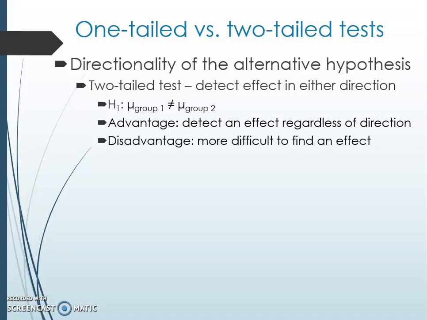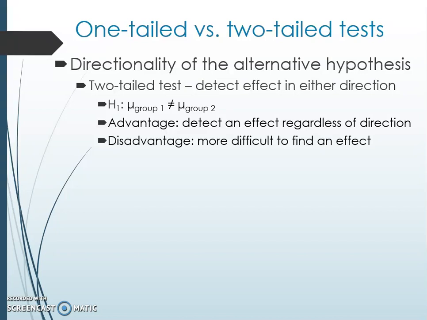So in a two-tailed test, this basically is asking the question, is there an effect of a difference between groups either in one direction or the other? We don't really care whether one's greater than the other. We just want to see if there's a difference in means between the two groups that you've identified.